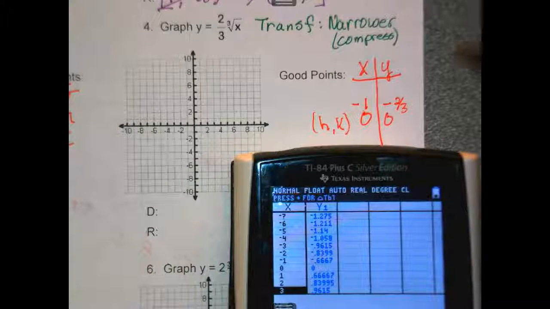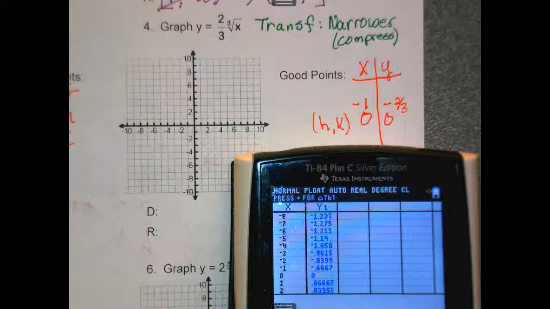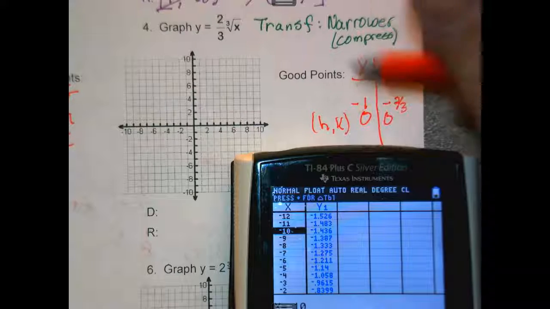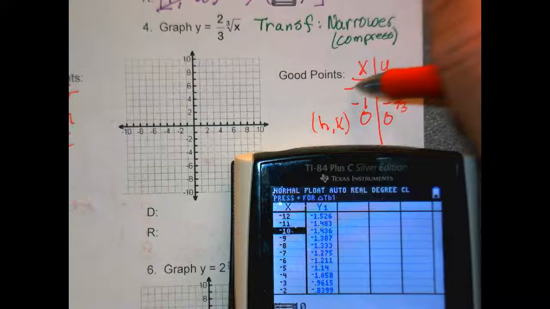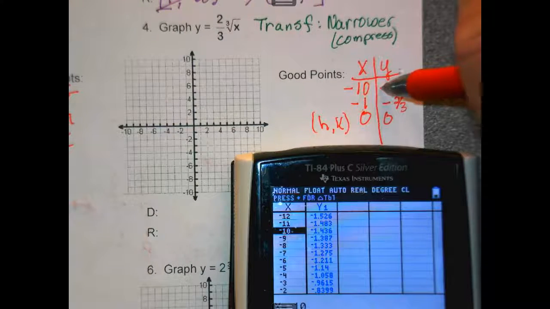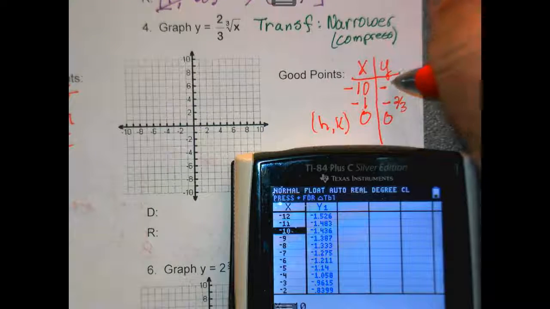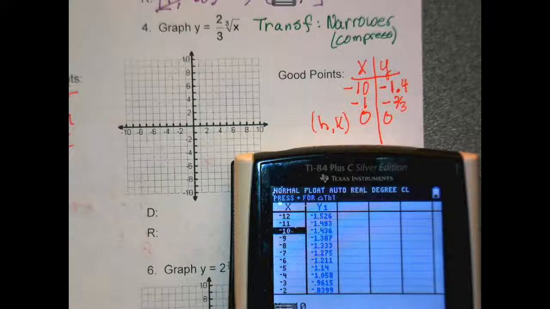And then I'm going to need another number, an outlier number. Let's see what we can use. Ooh. We have to go to -10. Let's try -10. And it looks like -1.4. Okay. Go the other way.